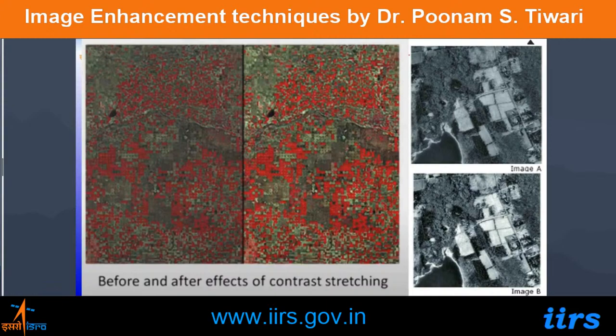Wherever these 2 or 3 standard deviations lie, those many pixels we will enhance. This type of stretching is used to push the tails of the histogram beyond the original minimum and maximum values. So for some digital numbers the contrast is lost, whereas for others the contrast is enhanced.